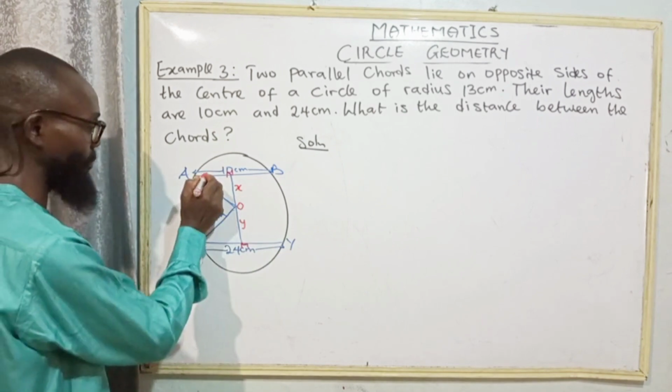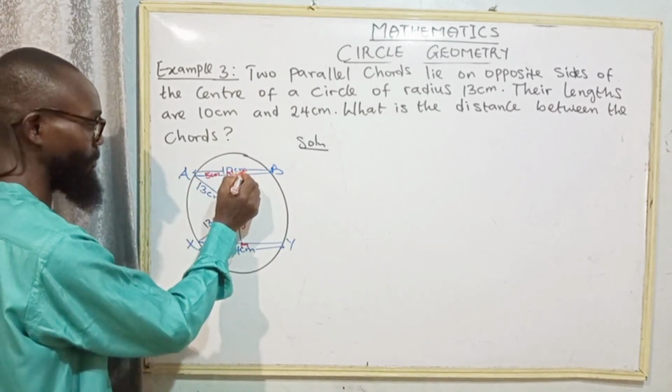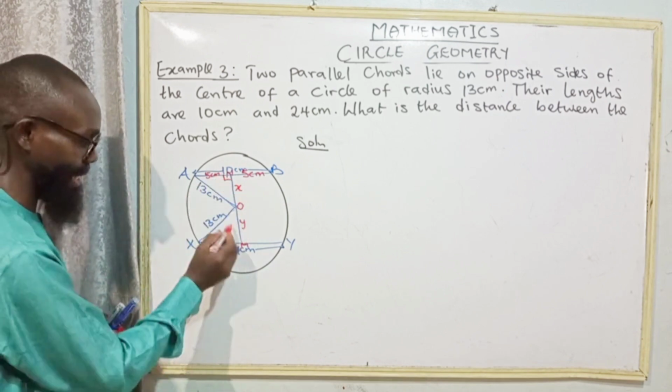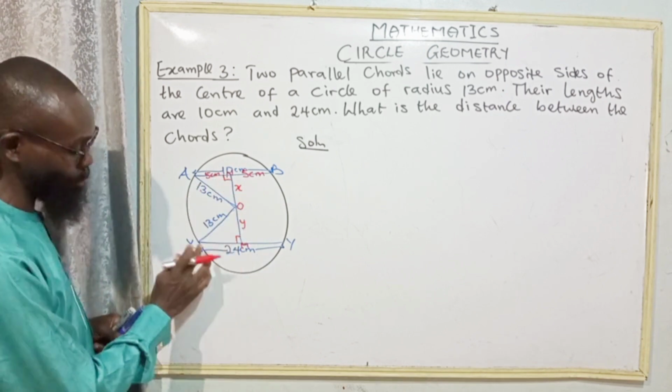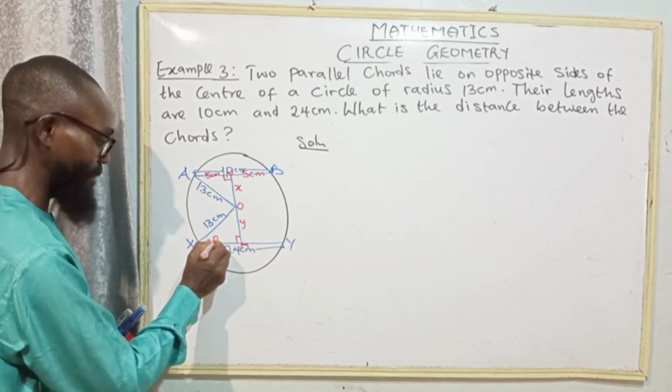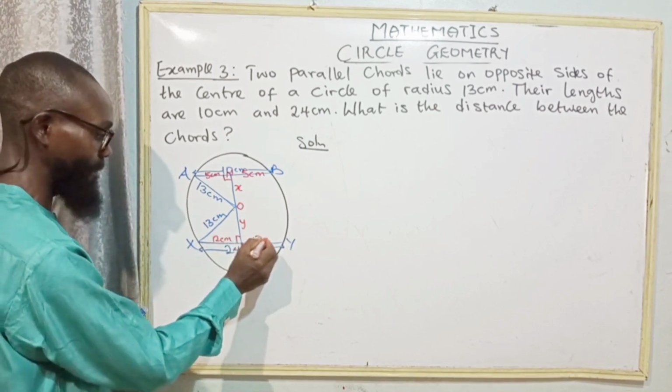Half of this is going to be 5 centimeter. And don't forget, when we have a vertical and horizontal, we have a 90 degrees here. Since this one from here to here is 24, 24 divided by 2, we have 12 centimeter, and we have 12 centimeter.